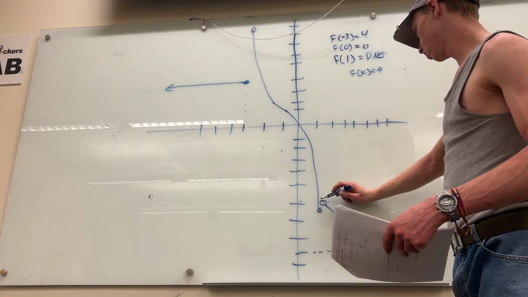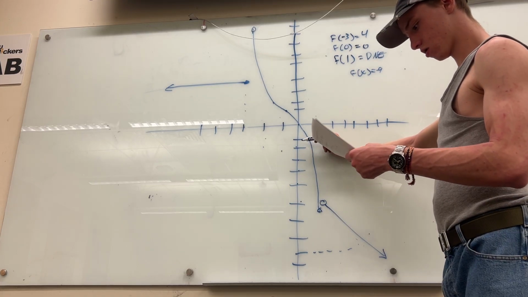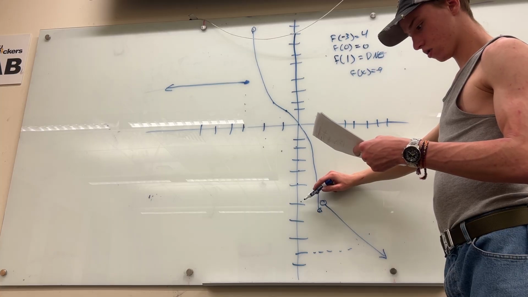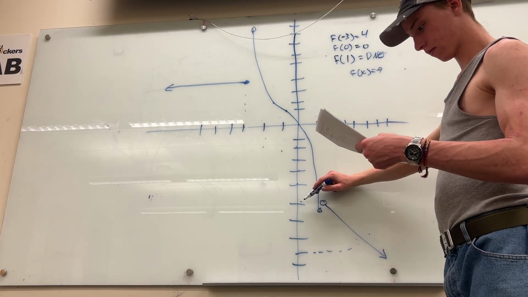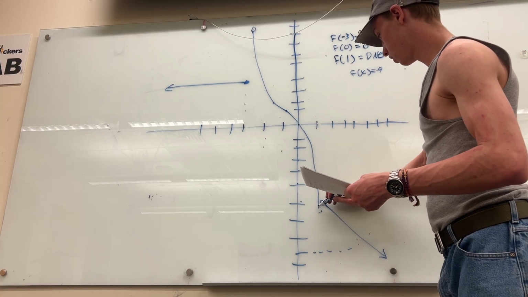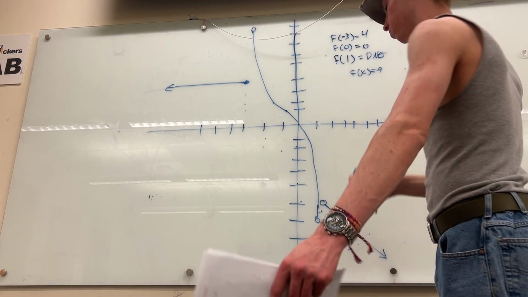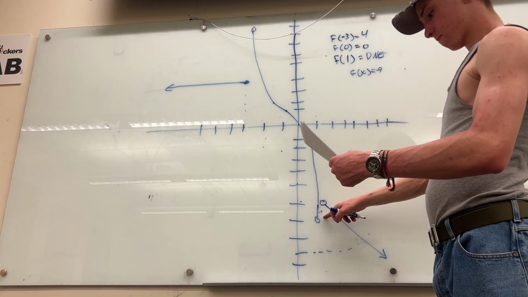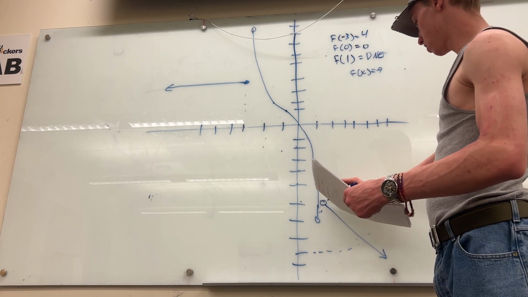So did I count that right? It is here. I was up. It was a graphing error. So that's negative 6.